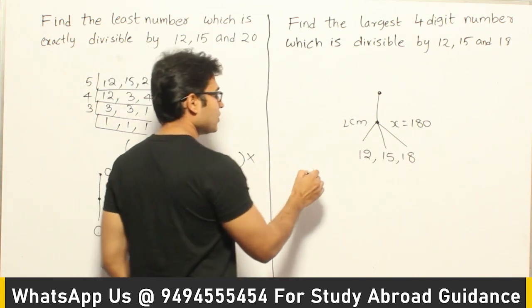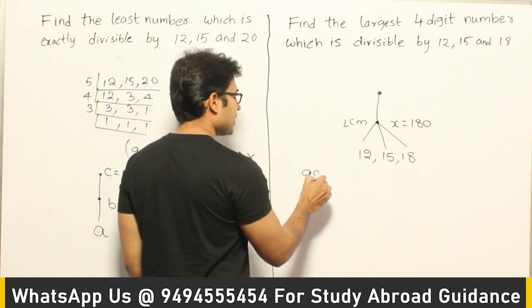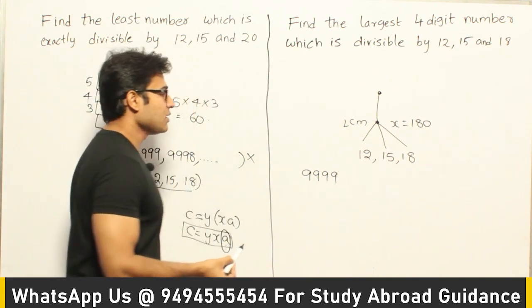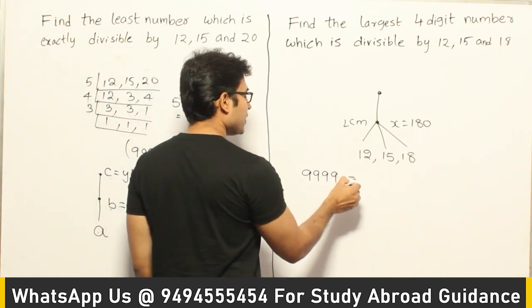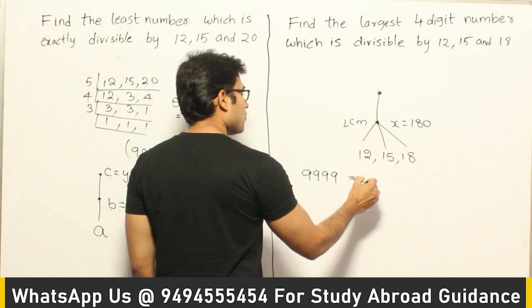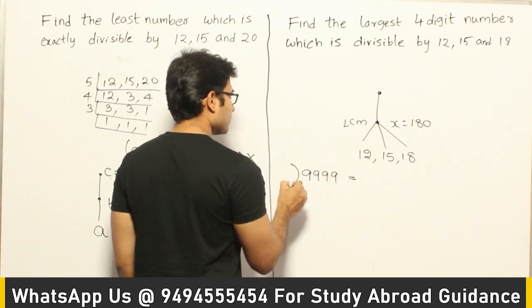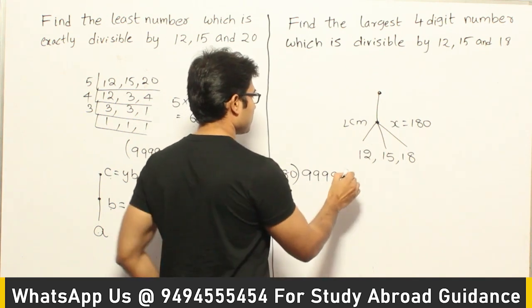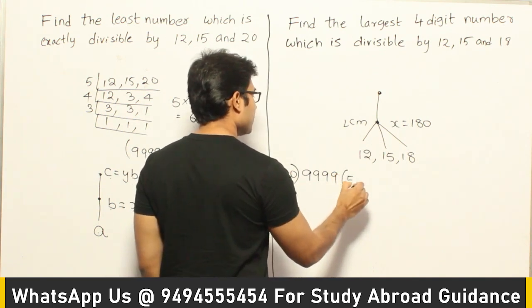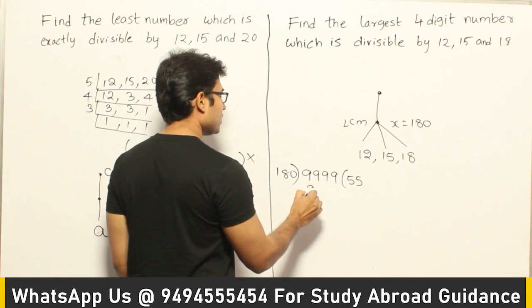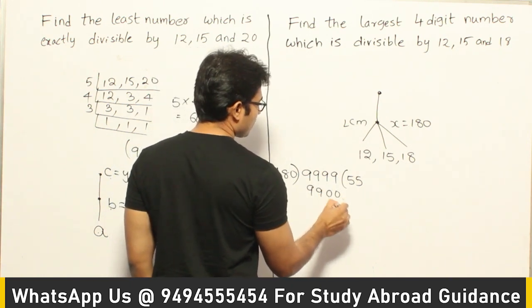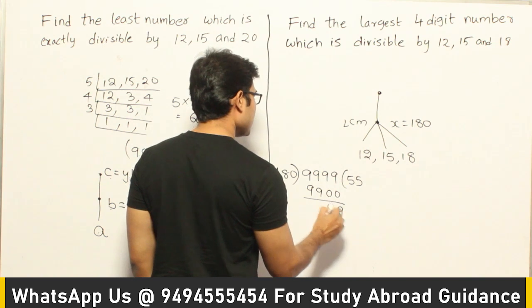See this. Now we know that the largest number is 9999, right? Now if I divide this largest number with 180, so you just divide it with 180, right? Then you will see that with 55 you will get 9900, which means 99 will be remainder.